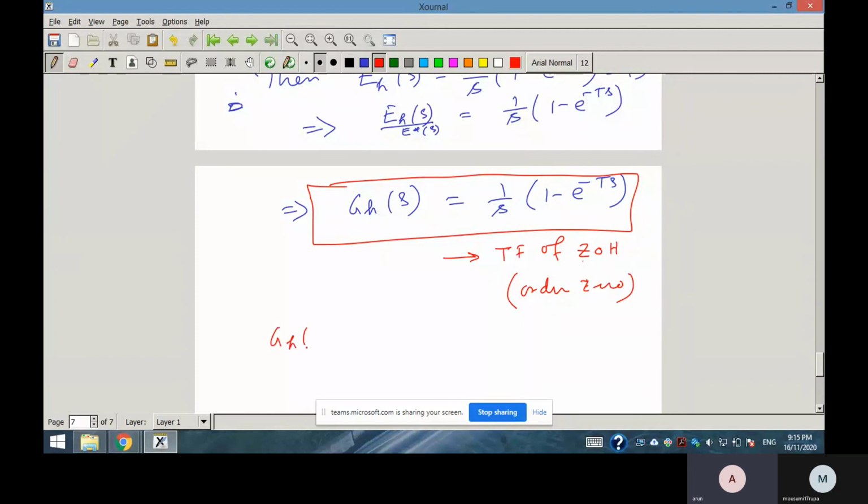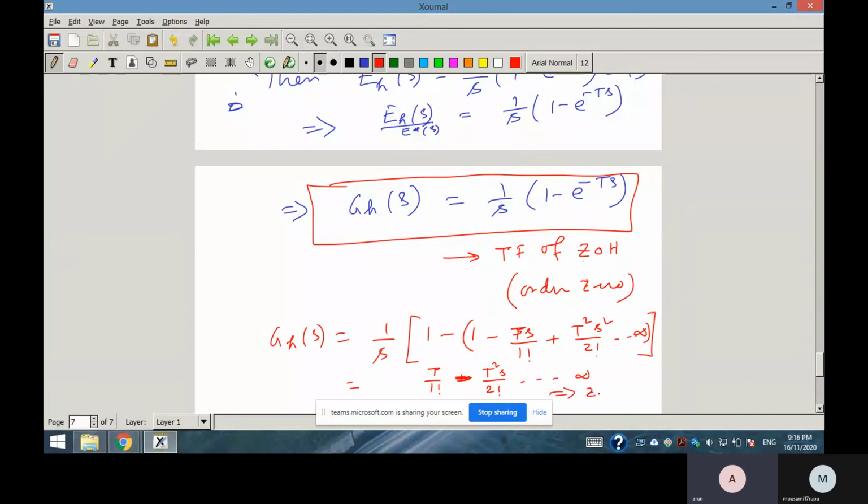That means G h of s, if you factorize, it will be T by factorial 1 minus T square s by factorial 2 and so on up to infinity.